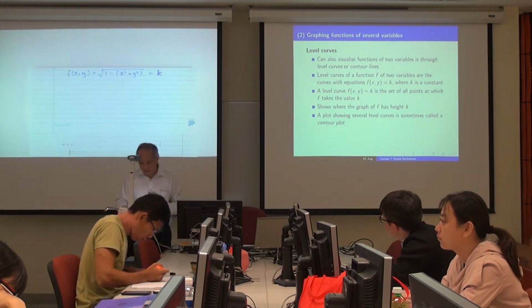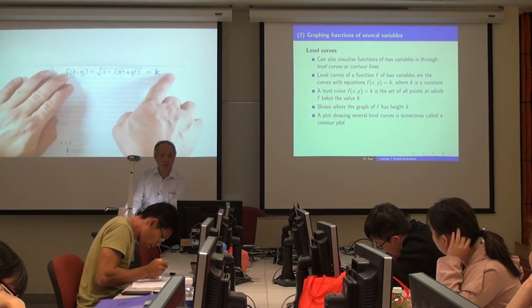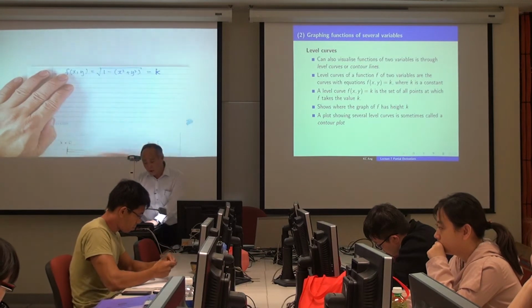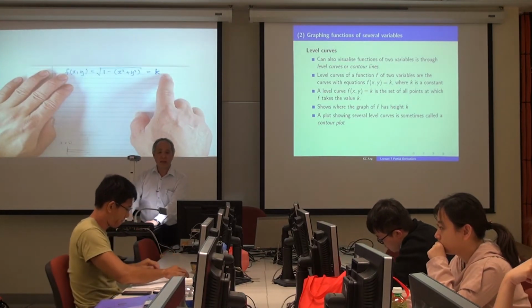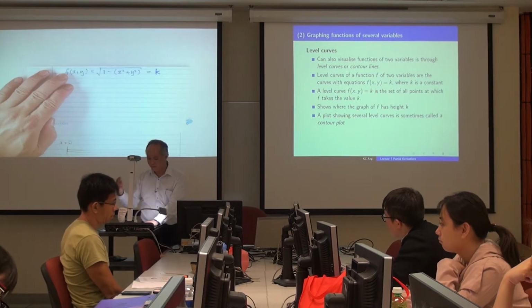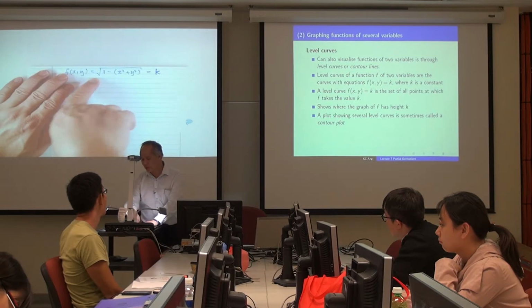then if we set this to k, we can work out an expression involving x, y, and the constant value k. You set k to be some number, and then you just work it out.